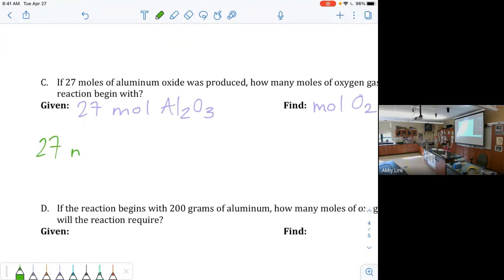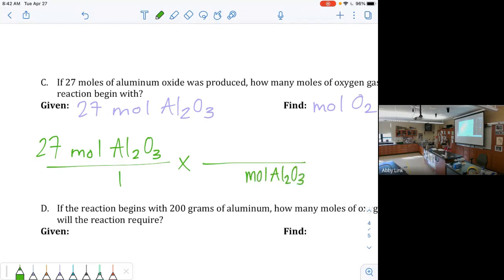So 27 moles Al2O3. All right, moles of Al2O3 in the denominator. Moles of O2 on the top. Coefficient in front of the Al2O3 in the balanced chemical equation is a 2.